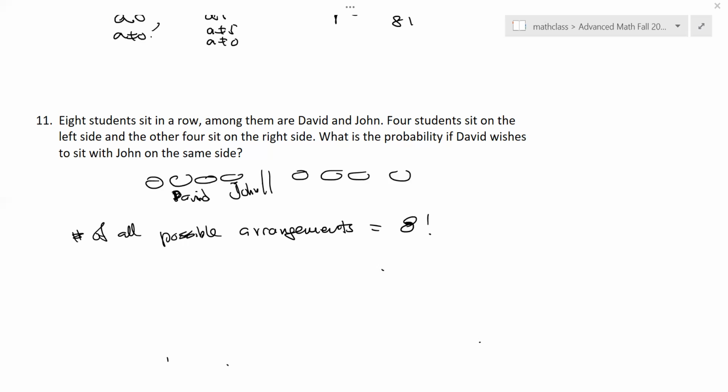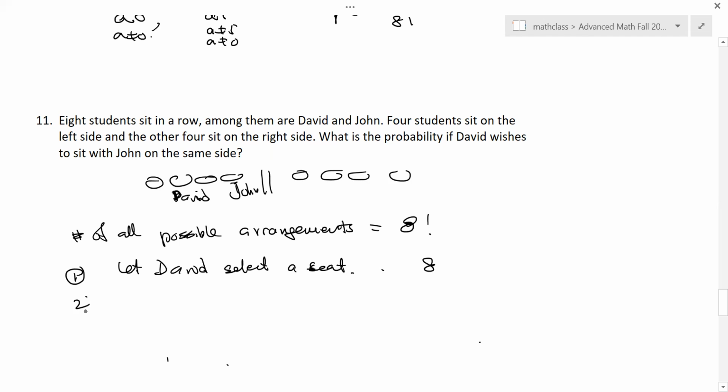All right, let me figure out how to make an arrangement so I guarantee David and John on the same side. Step 1, I let David select a seat. Doesn't matter which side, so there are 8 choices.